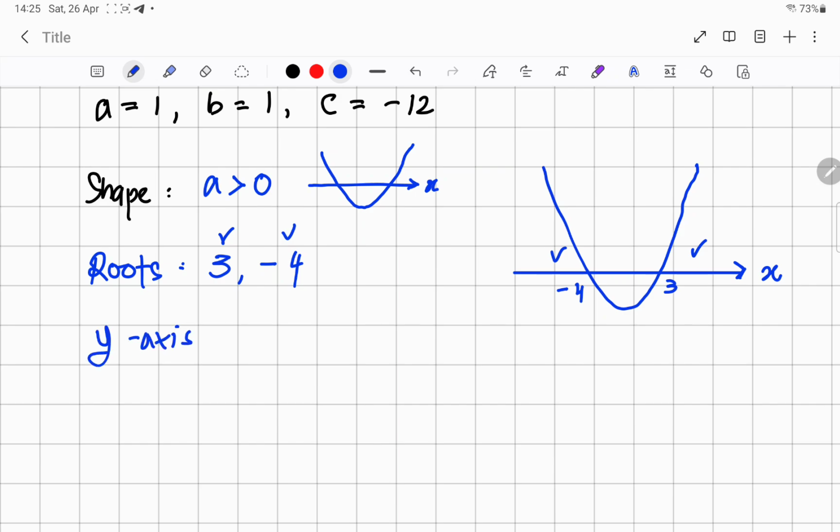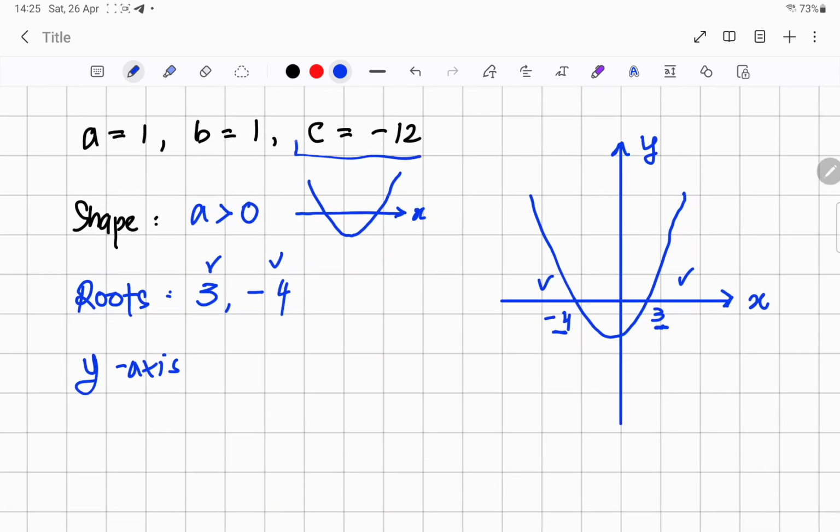This 3 is here, negative is here, so 0 will be somewhere here. Your y-axis will be here. Where is the y-intercept? C is your y-intercept. So put here -12. -12 is your y-intercept.